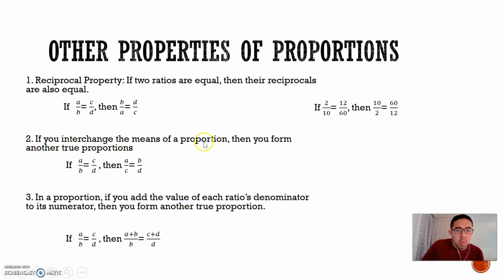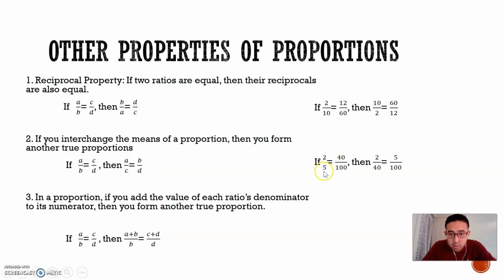For number 2, same thing. If you interchange the means of the proportion, then you form another true proportion. In other words, if you take the B and swap places with the C, or you take the A and swap it with the D, you are still going to get equivalent proportions. Here's an example.